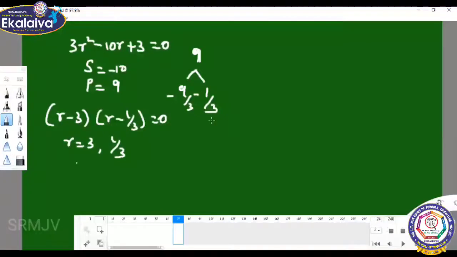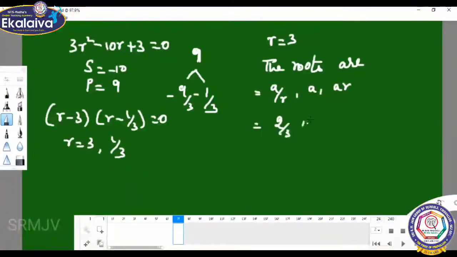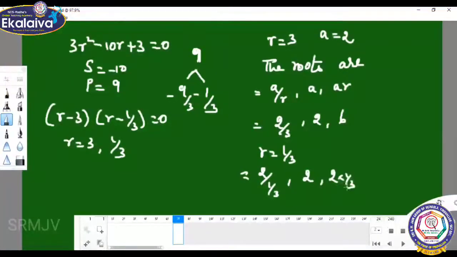If r equals 3, the roots are a by r, a, ar. The value of a is 2, so it gives 2 by 3, 2, and 2 into 3 is 6. If we choose r equals 1 by 3, a by r is 2 by 1 by 3, which is 6, then 2, then 2 into 1 by 3 is 2 by 3.